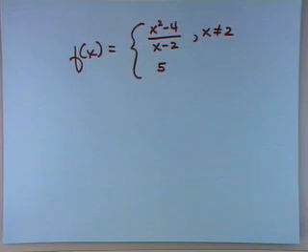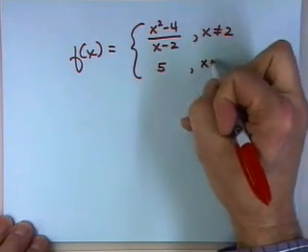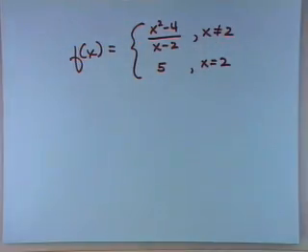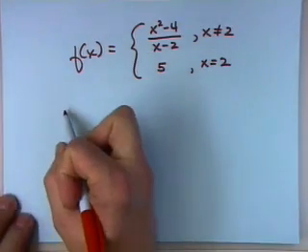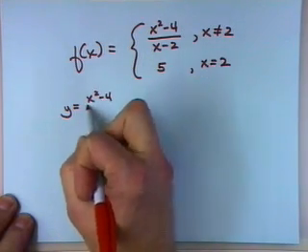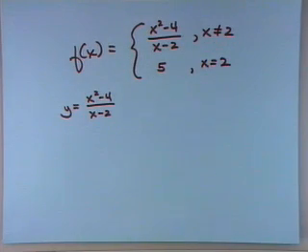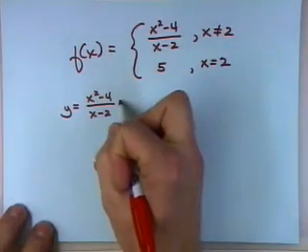In fact, I don't really need to say x is not 2 because x can't be 2 in that one. And the y value is 5 when x is 2. Anybody know what that first one is, that first line? Is it x plus 2? X plus 2. Because x is never going to be 2, right? Mm-hmm.